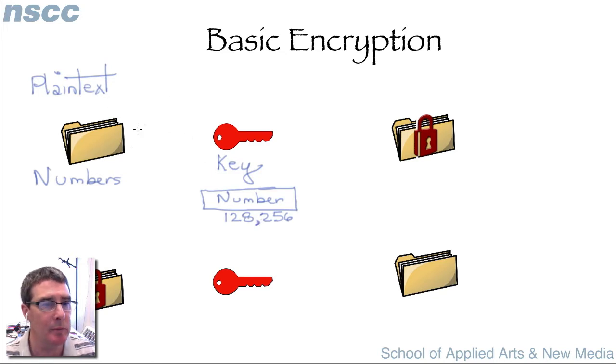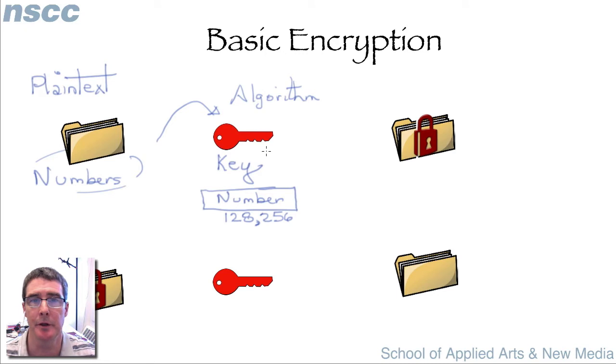So we take the plain text, or basically the series of numbers here, and we apply an algorithm to encrypt the information. And the algorithms that were invented are all based on prime numbers. We're not going to go over the details of the math involved and how this all works.